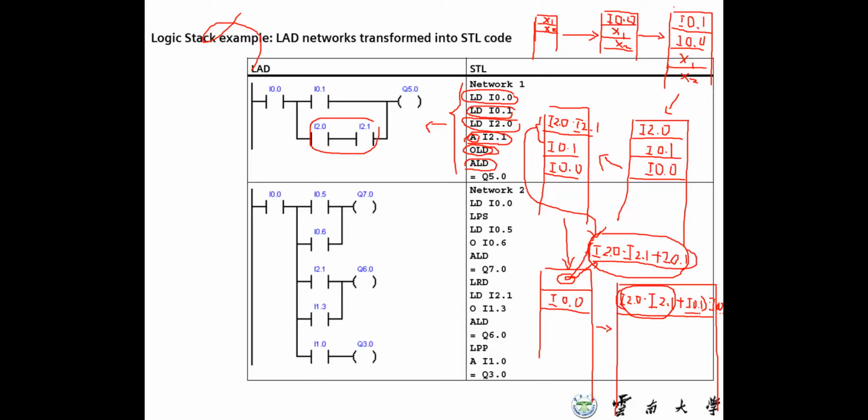And I0.1, this one. This is AND, and the result is O, and I0.0, and the result goes to what?